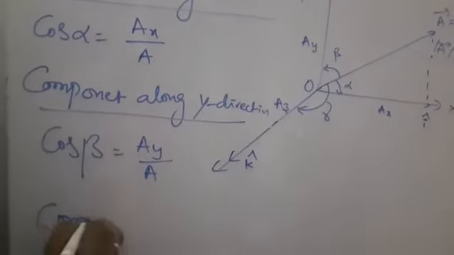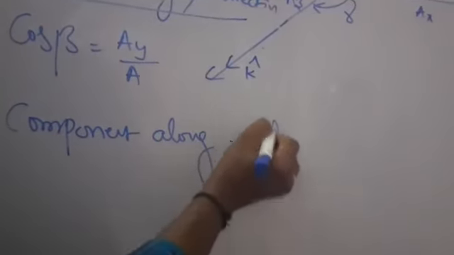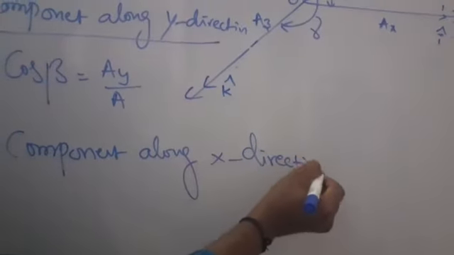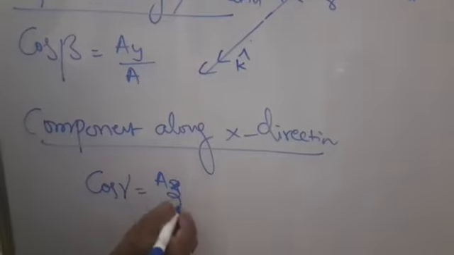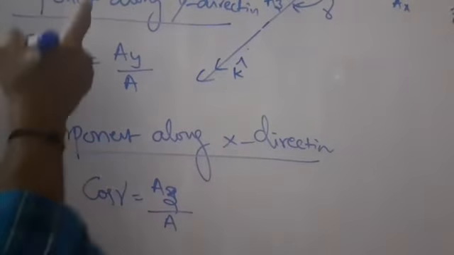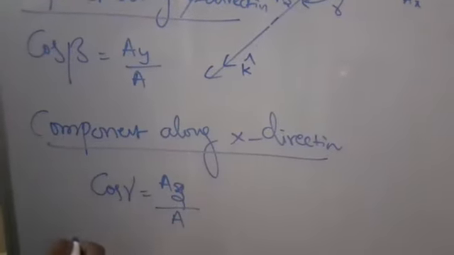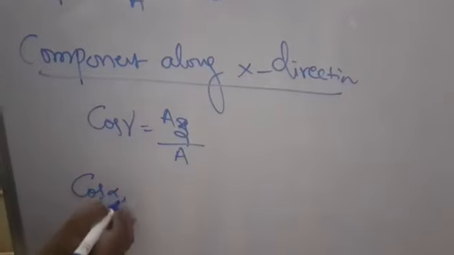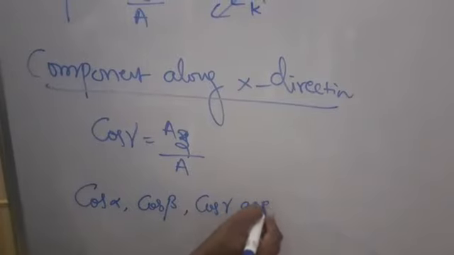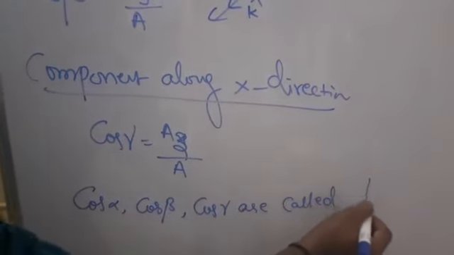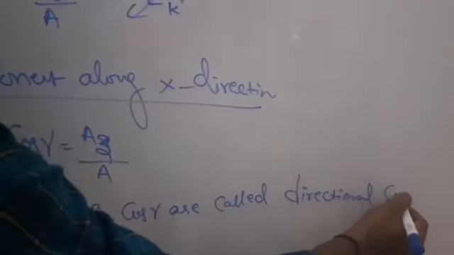And the component along the z direction: cos of gamma is equal to az divided by a. Here cos alpha, cos beta, cos gamma are called the directional cosines.